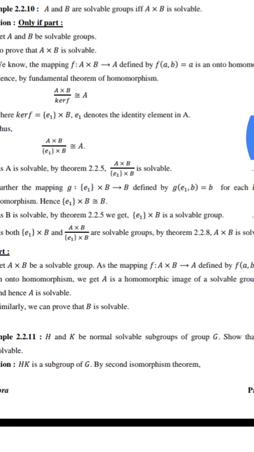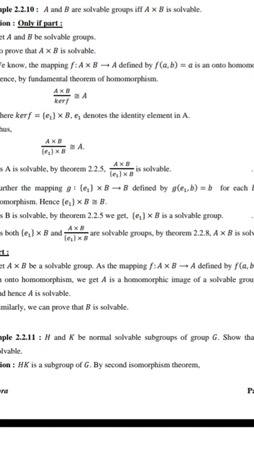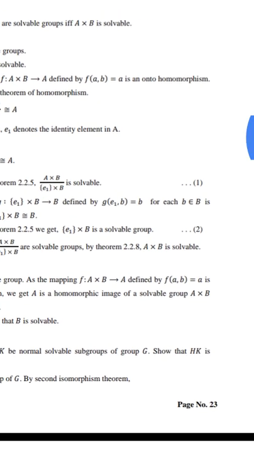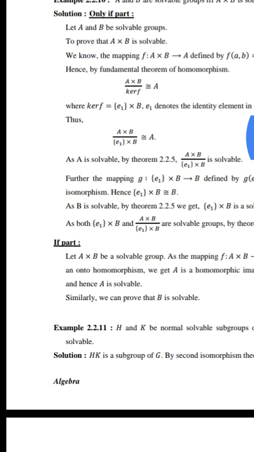We know that the mapping F from A Cartesian product B to A defined by F of (a, b) is equal to a is an onto homomorphism.